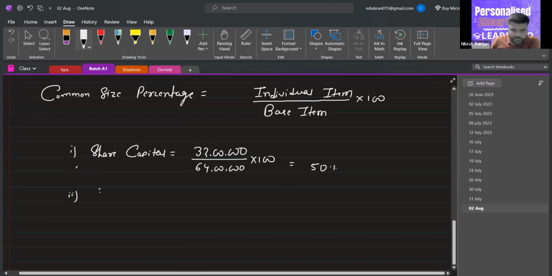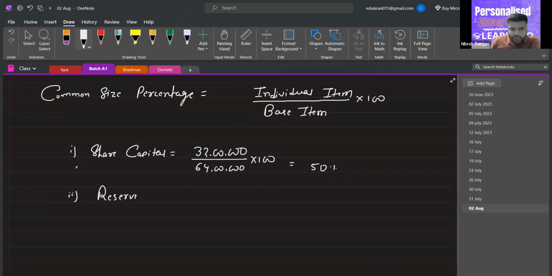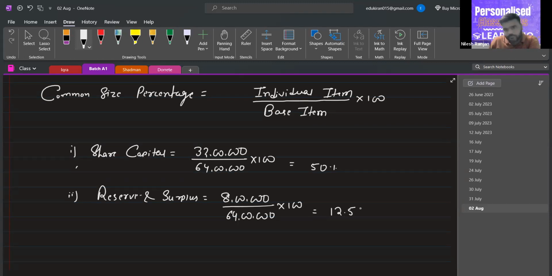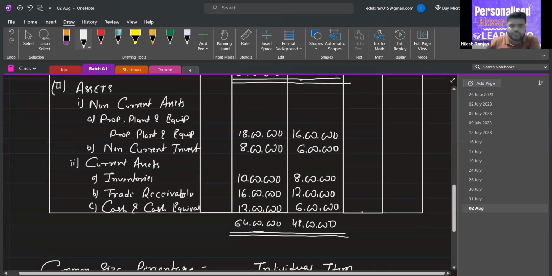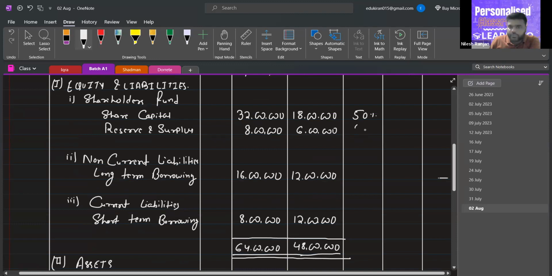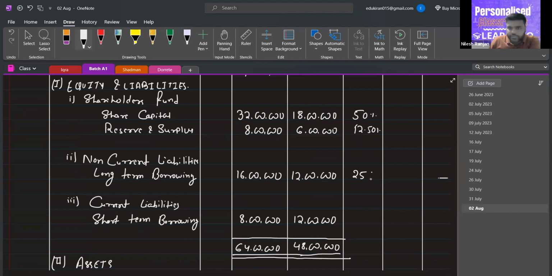So you will do this again and again for every item. Generally, sometimes we know the percentage, we know the calculation result, but we have to do the calculation. So it will be 12.5%. After this, it will be 25%.